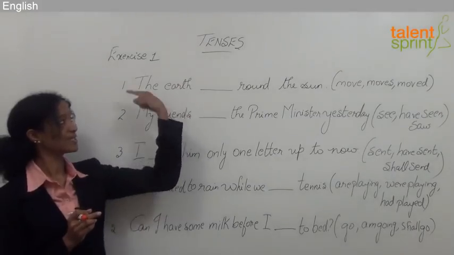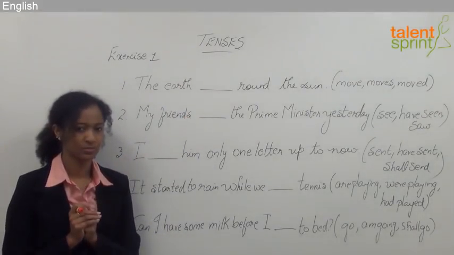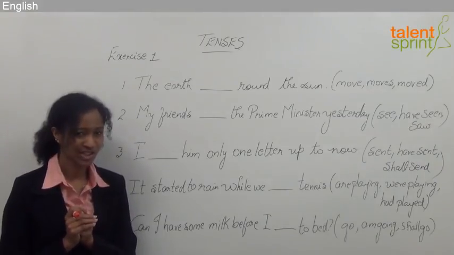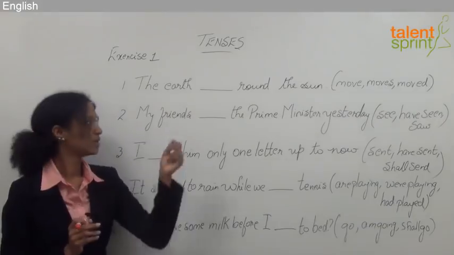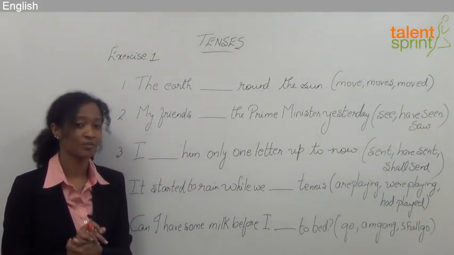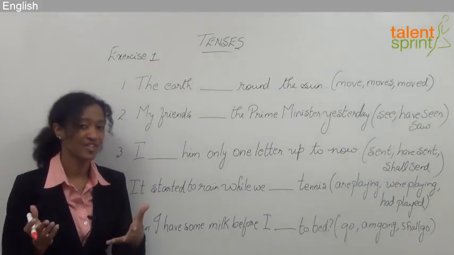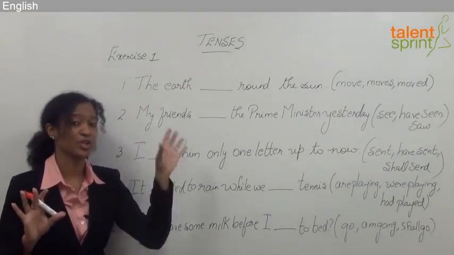If I had to replace the earth with a pronoun, what would it be? He, she, or it? Yeah, we understand, if you remember personification, the earth would be referred as female and it would be she, but right now we're not personifying it.